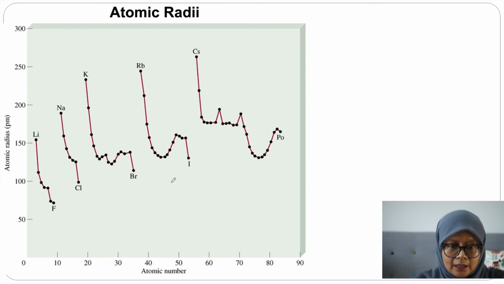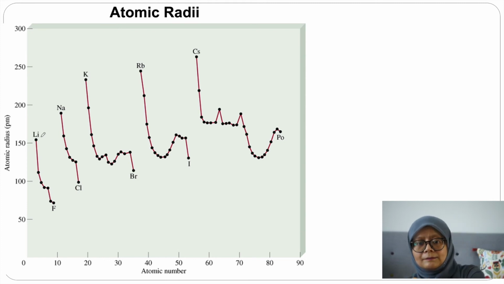And what can we see here, from the left, group 1, from left to the right. So here we have group 17. As you can see from this diagram, we have a trend of decreasing size of atomic radii.